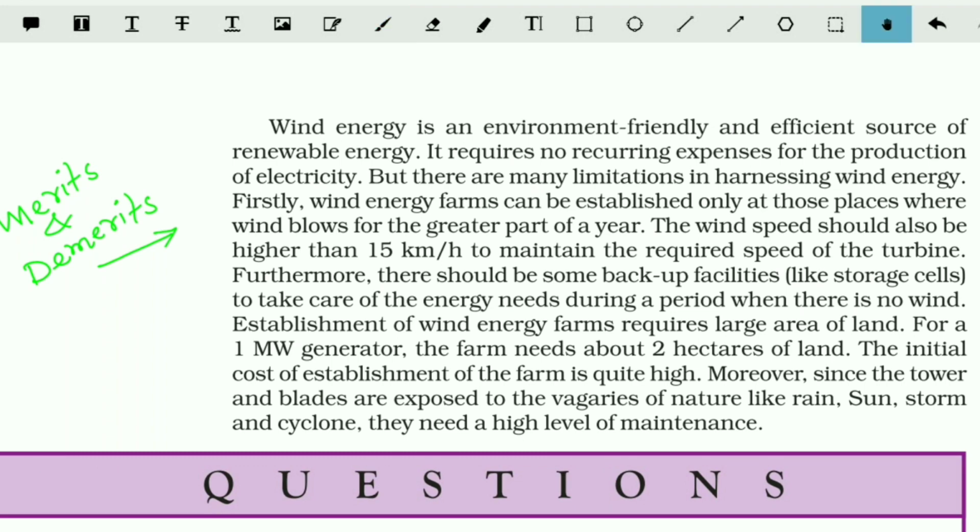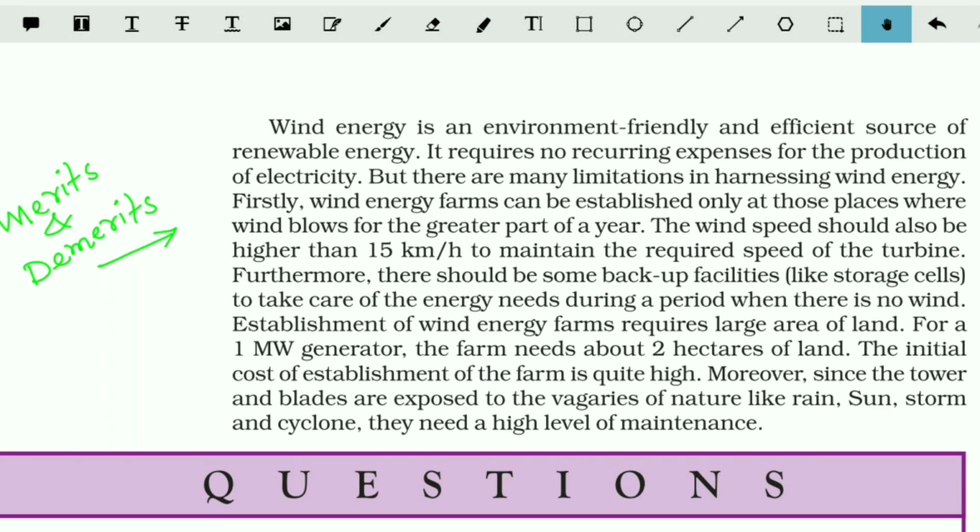Wind energy is an environment friendly and efficient source of renewable energy. This is the merit. It requires no recurring expenses for the production of electricity. Merits. But there are many limitations in harnessing wind energy.